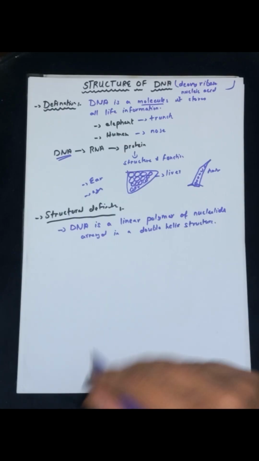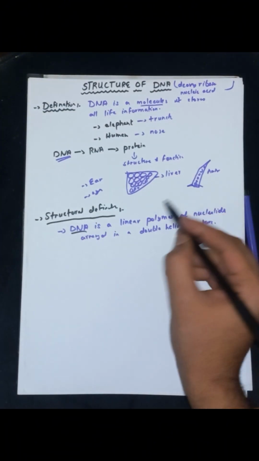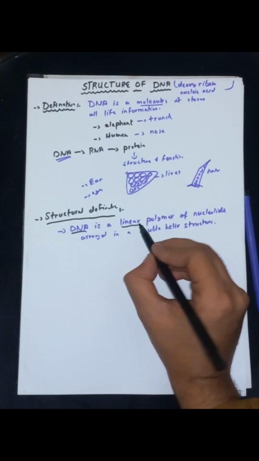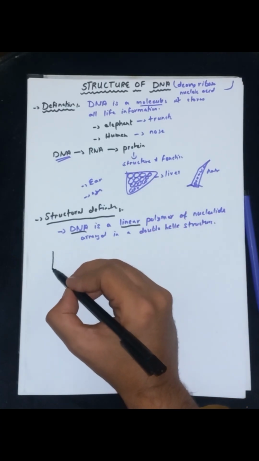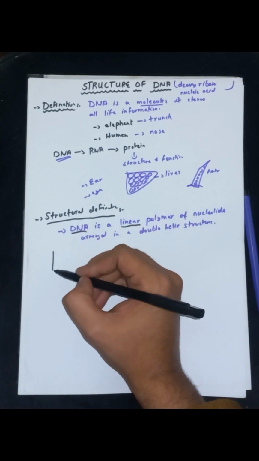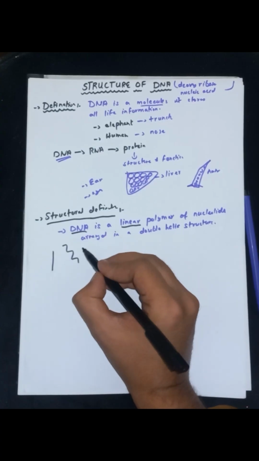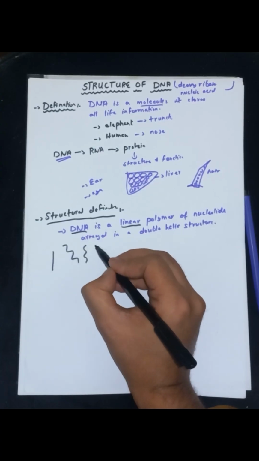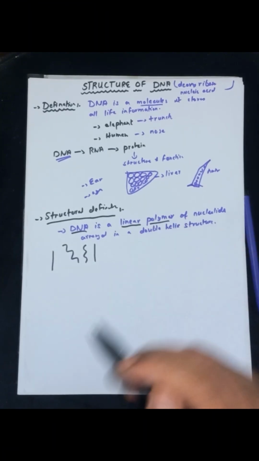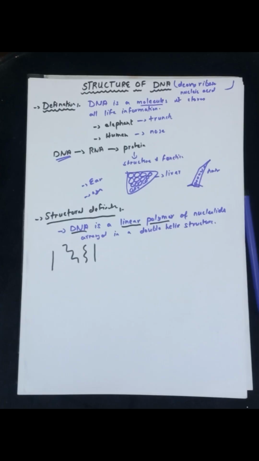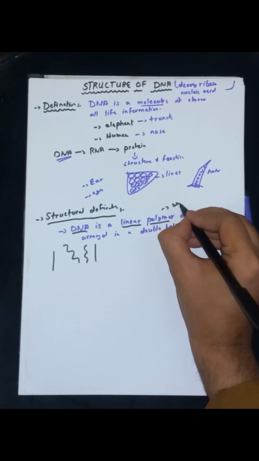So now what does it mean? We know what DNA is, we already discussed it. Now what is its structure? Linear. What does linear mean? This is linear. It means it is in a straight line. A line can be like this, a line can be like this, a line can be like this, but linear. Okay, and what is a polymer? Polymer means repeated units, small repeating units occurring again.